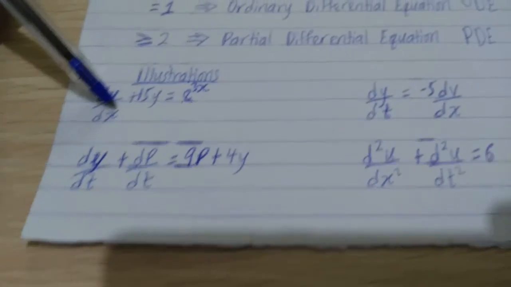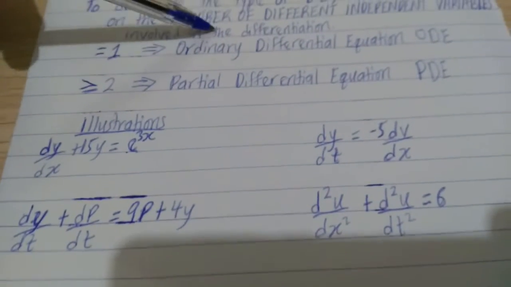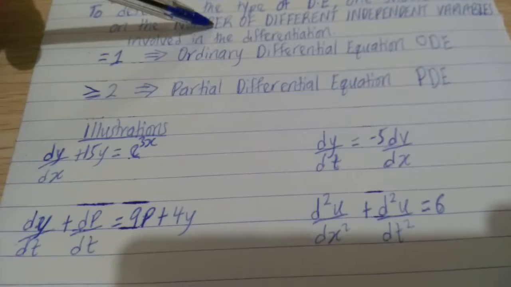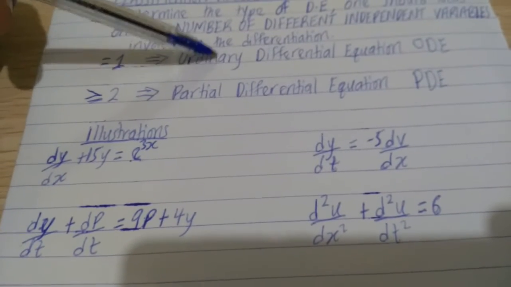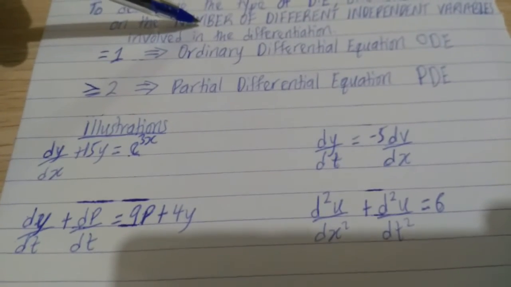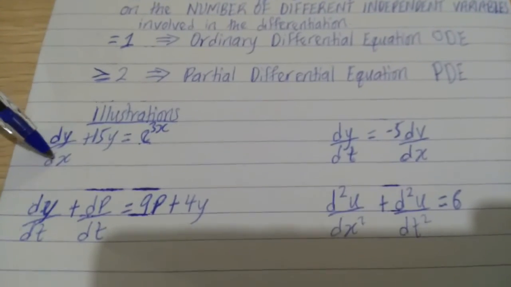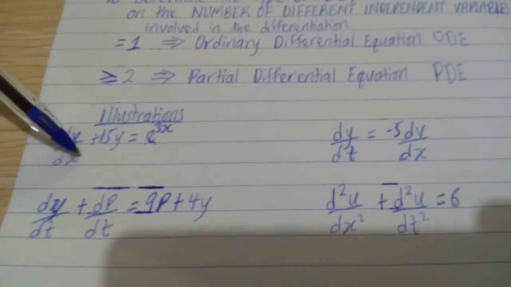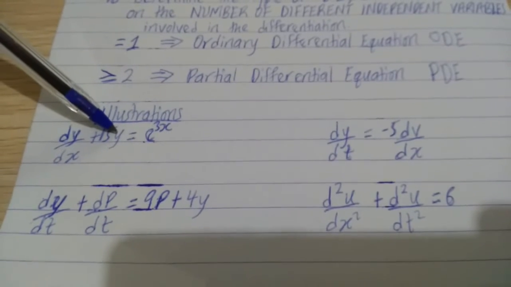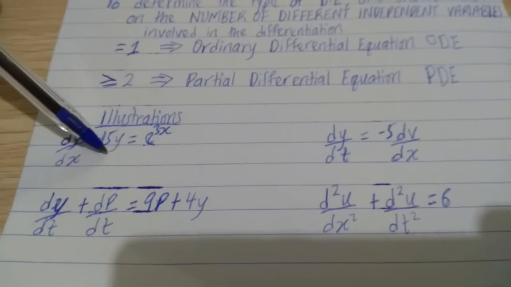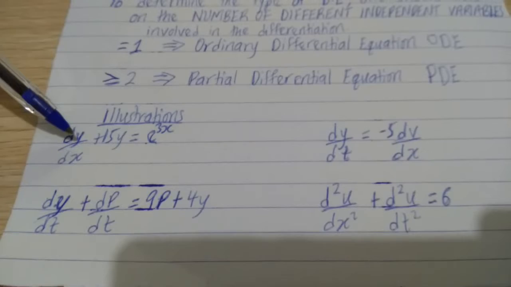In order to determine whether it's an ODE or a PDE, we have to first look at the number of different independent variables. Over here we can see that we only have an x, that is 1. This y over here is actually the function itself without being differentiated.